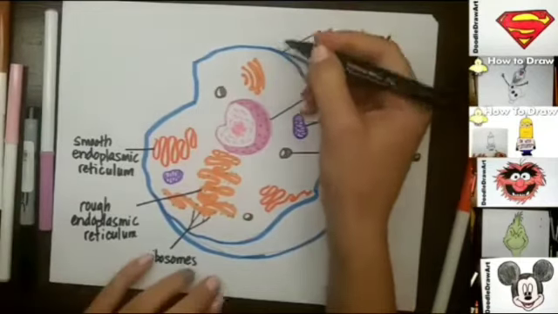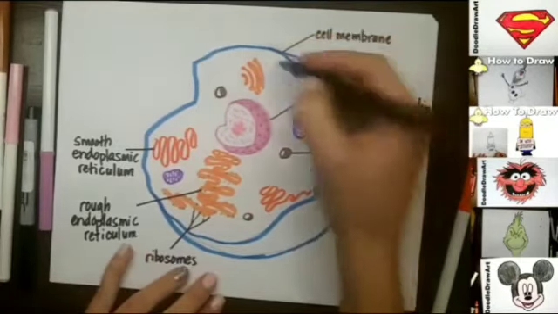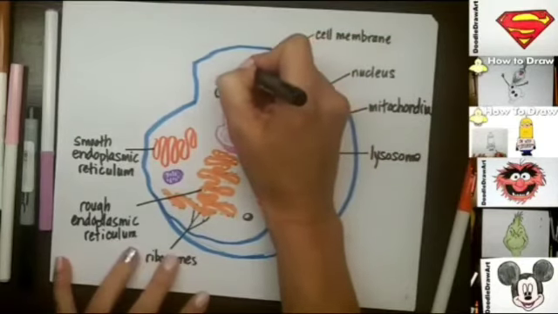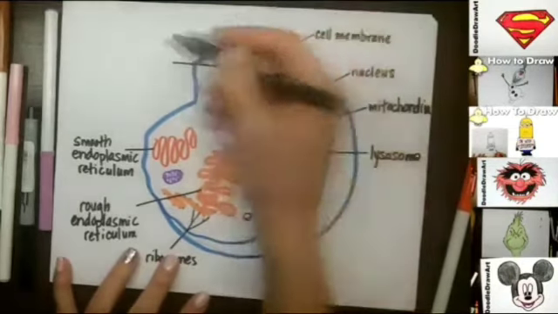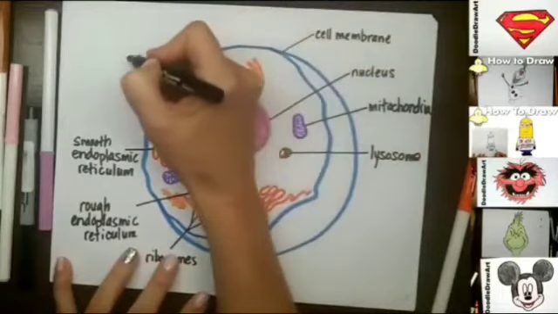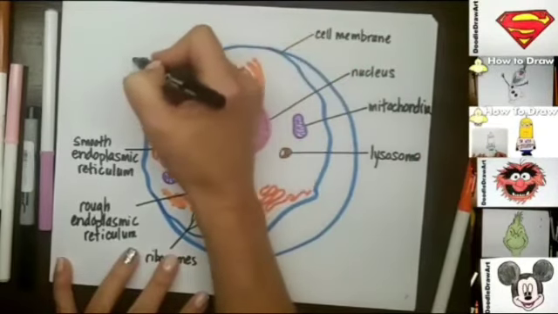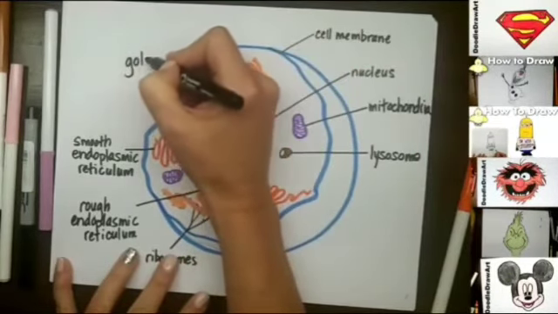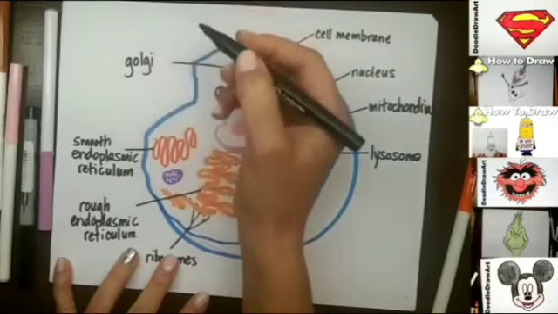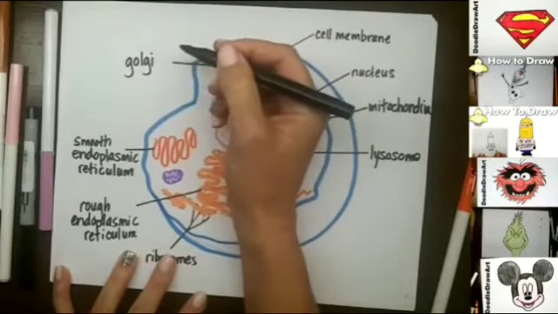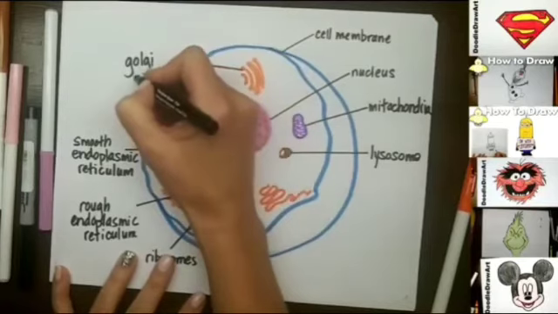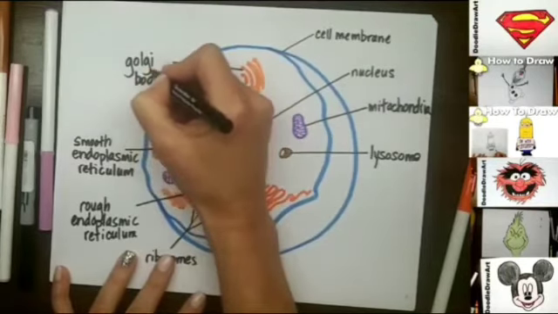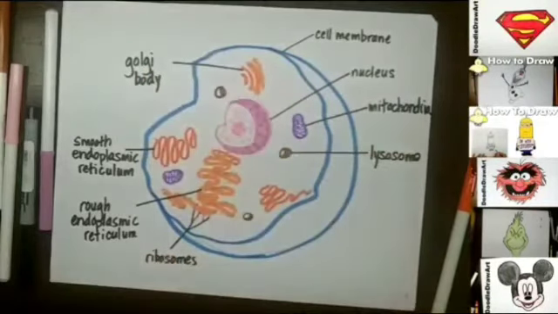I seem to remember that they do something about the packaging, or I don't know. You could tell me. It's been a long time since I've had to study biology. So Golgi, and should we call it Golgi bodies, or should we call it Golgi complex? Let's call it Golgi bodies, why not? So there we go, it's faster to write it. The Golgi bodies, they're there.